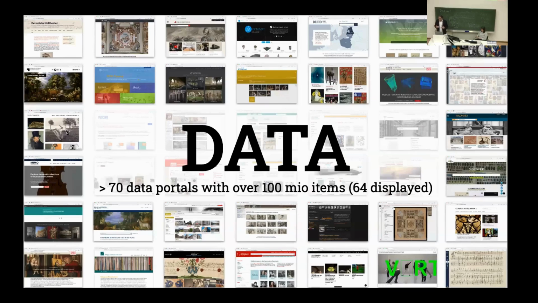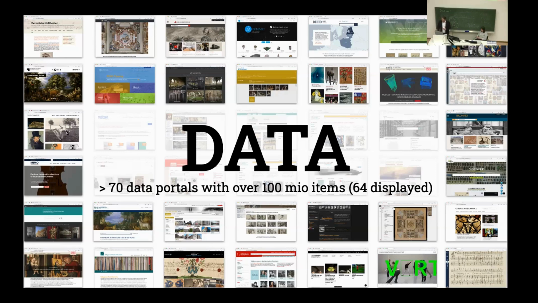And in the first analysis that we've done in the consortium, it came out that, and that's not all of it, there are more, and we know that there are more, we have around 70 large-scale data portals with over 100 million items. Only 64 are displayed here on the screen. And that's, in a way, the wealth of data we have to deal with.